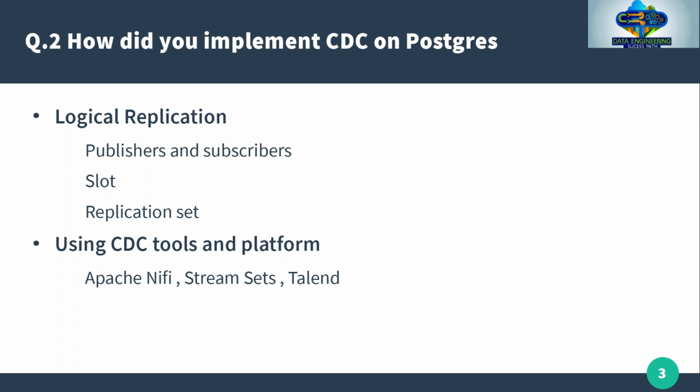So for publisher and subscribers, we need to set up the tables in your source database as publishers and configure the target system as subscribers that listen for the changes. Now we have another way that is called slot, like create a replication slot for a publisher.